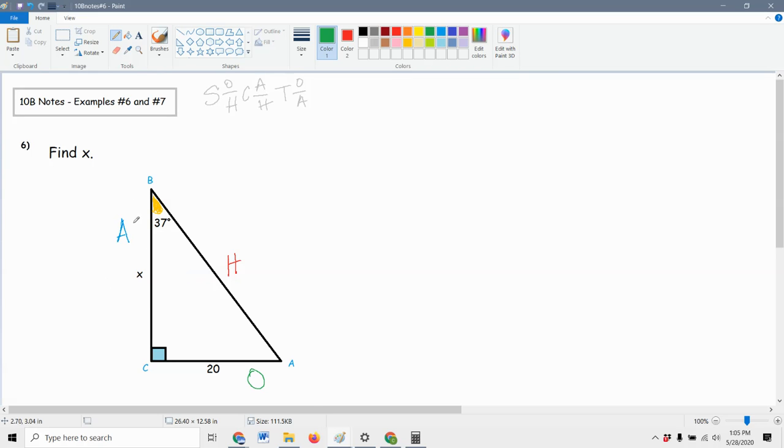We have a variable for our adjacent side and an actual side length for the opposite side. We don't have anything on the hypotenuse, so let's look for a trig identity that is just needing adjacent and opposite. So of course that is our tangent trig identity, which is tan of theta, or some angle, equals the opposite side over the adjacent side.